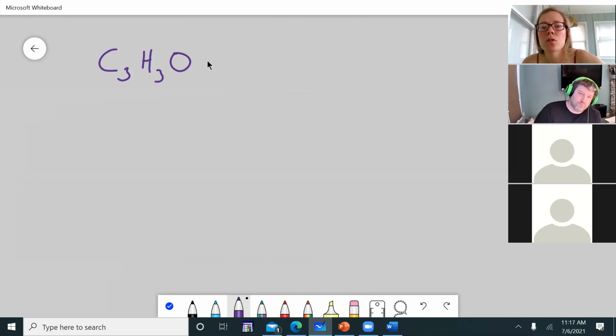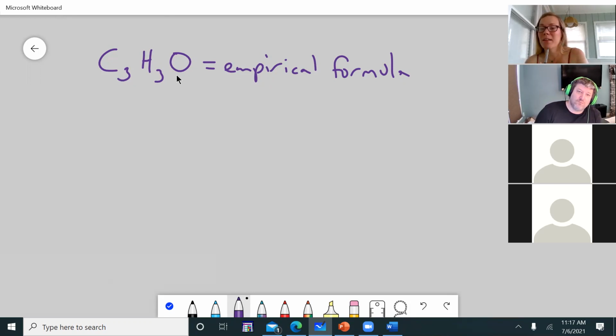Yeah, okay. So this is the empirical formula. How do I know it's the empirical formula? Well, can you get a lower ratio than 3, 3, and 1? No, there's no way to divide that out. And that whole process where we converted to moles and divided by the smallest number always pops out the empirical formula. That isn't giving you the molecular formula.